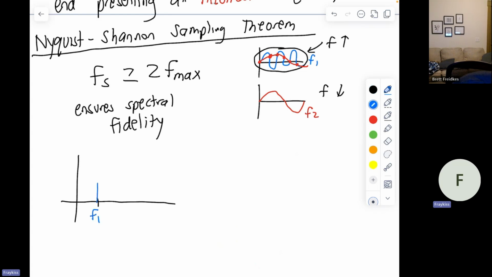I might have some peak at F1, and I'll have some peak at F2, assuming we're sampling fast enough. We meet Nyquist.